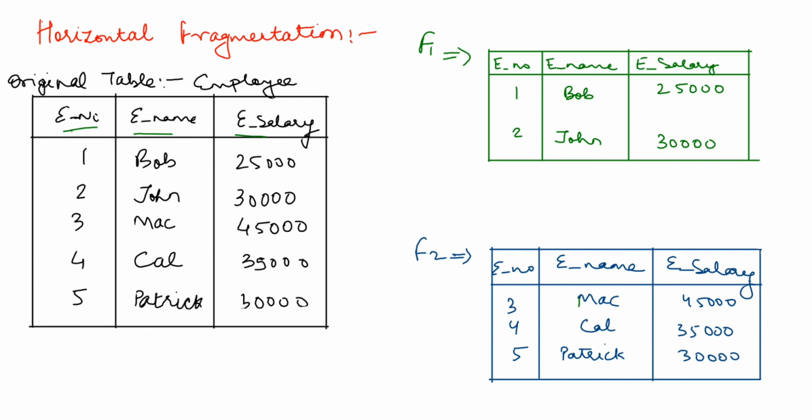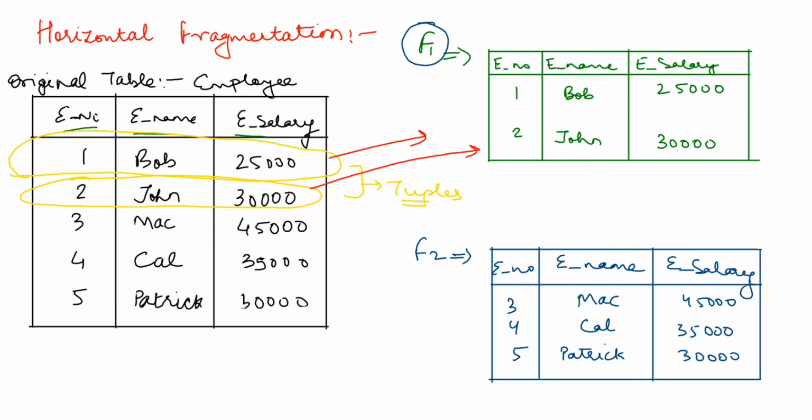Horizontal fragmentation means breaking the table horizontally. In horizontal fragmentation, we have records or tuples, and we break the tuples. So I have fragment F1, in which I have stored these two records, and in F2 I have these three records.